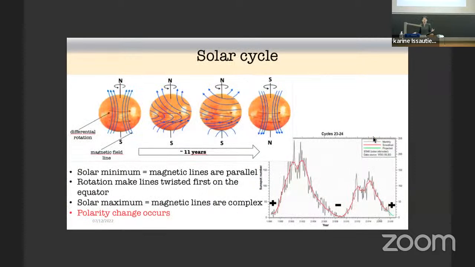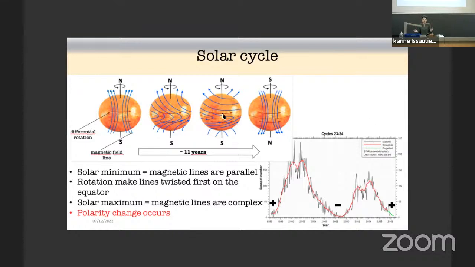If we assume that the solar cycle is 11 years long, and that at the beginning we have the solar minimum with almost parallel solar magnetic lines, and that during the time those magnetic lines become more and more complicated, at some point they are really complex, and so we will be at the solar maximum.